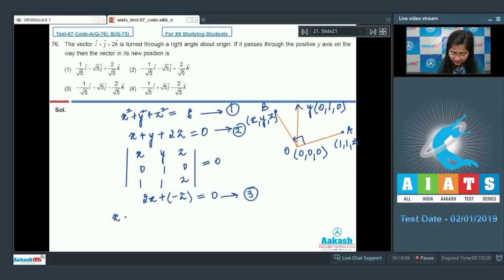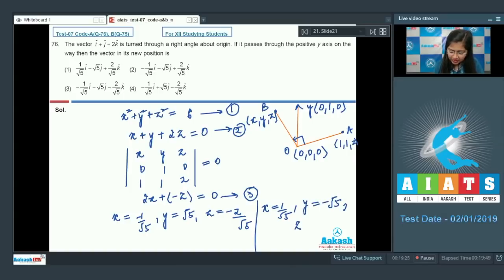We will get x equal to minus 1 by root 5, y equal to root 5 and z equal to minus 2 by root 5 as one value, and we will get another value as x equal to 1 by root 5, y equal to minus root 5 and z equal to 2 by root 5.